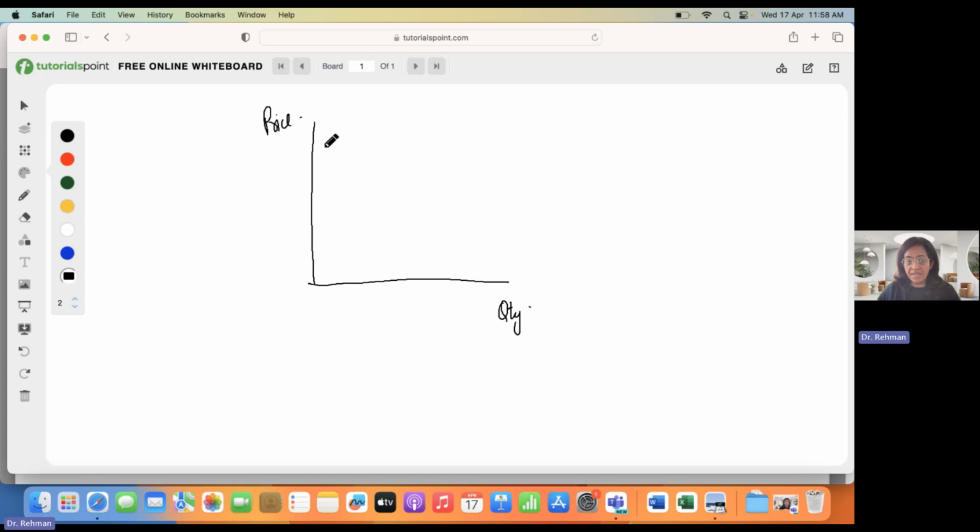The law of demand says that as the price increases, the demand decreases. So the demand curve looks like this. On the other hand, as the price increases, the quantity of supply increases, and thus the graph looks like this. This is the demand and supply graph.